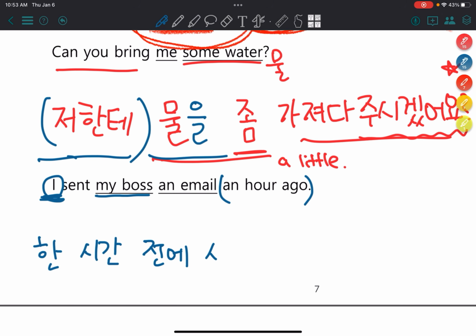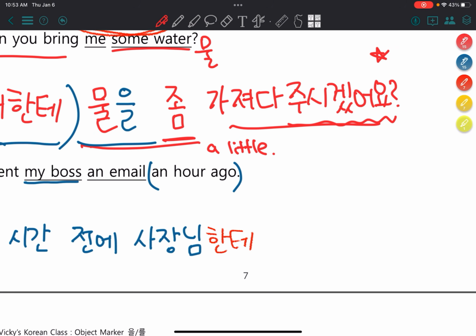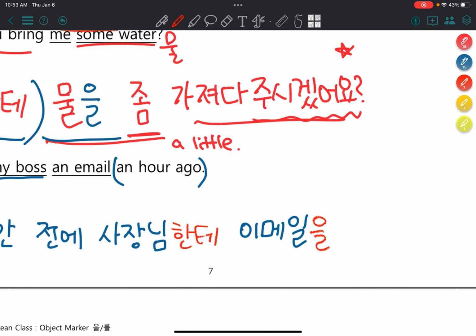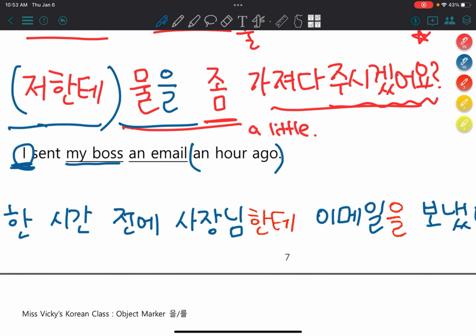My boss is 사장님. And then you can say 한테 or 에게, 사장님한테. And email should be the direct object, so you can mark it with 을. 사장님한테 이메일을 보냈어요. I sent an email an hour ago. You can write it like this.